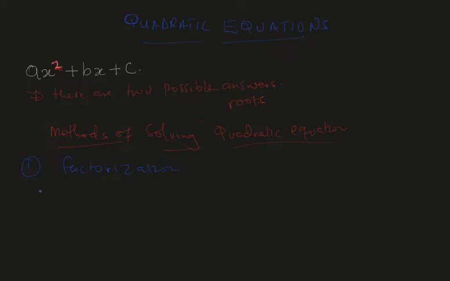So method number two is called quadratic formula. Okay, this one we can talk a little bit about. In IGCSE, they don't ask you to prove it, but at advanced level they'll ask you to show how this comes about. So for IGCSE, you just have to know the formula.